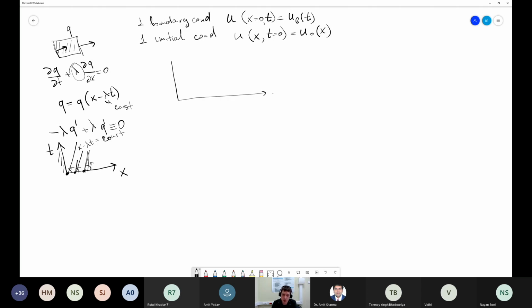Let's try to calculate our solution. We have x here, we have t here, and we put values at some nodes here. We introduce the spatial step h, and we introduce the time step tau.